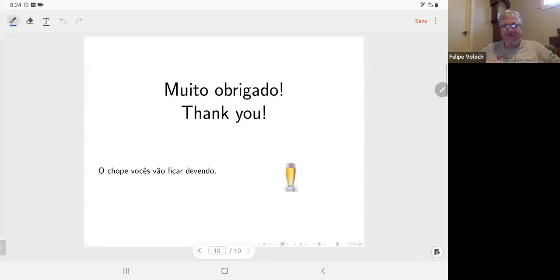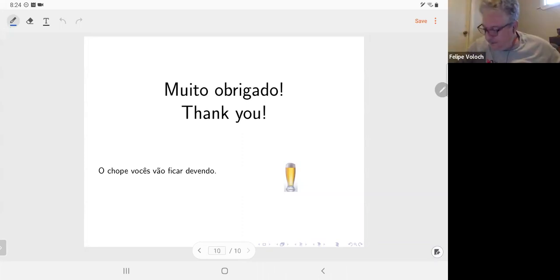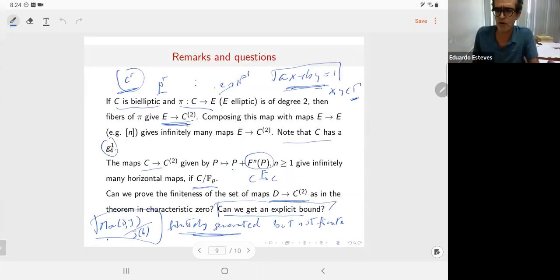Yes. But for inseparable maps, horizontal is a stronger condition than not being horizontal. Okay. Right. And you mentioned some horizontal maps, right? I mean, using the Frobenius as an example. Are these all the examples of infinitesimally horizontal, not horizontal, or something like that?